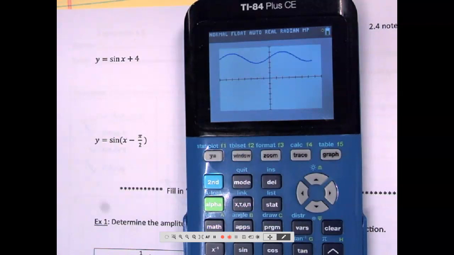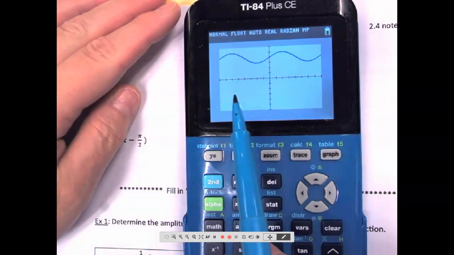Oh, what happened? It definitely shifted. It picked the whole curve up and moved it up 4 units. Now, did it stretch it taller or shorter? It did not. It just literally picked it up and moved everything.